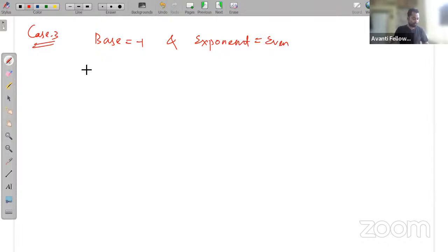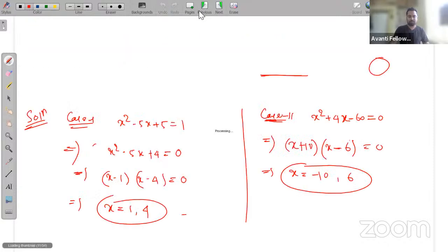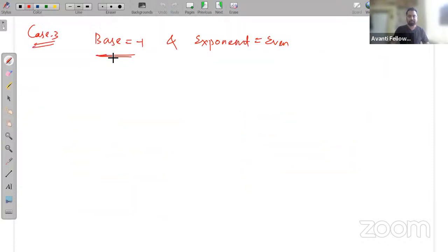So I'm trying to make the base minus 1. The base is x square minus 5x plus 5, so x square minus 5x plus 5 is equal to minus 1. If I solve this equation, x square minus 5x plus 6 is equal to 0.